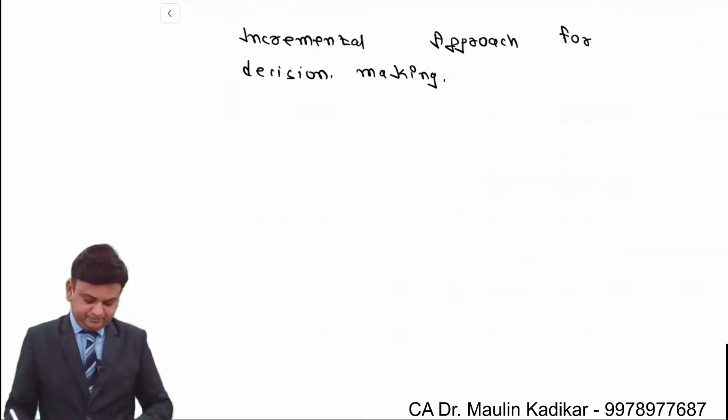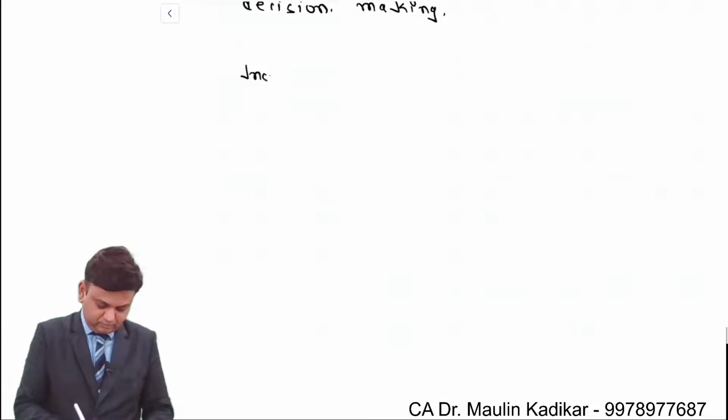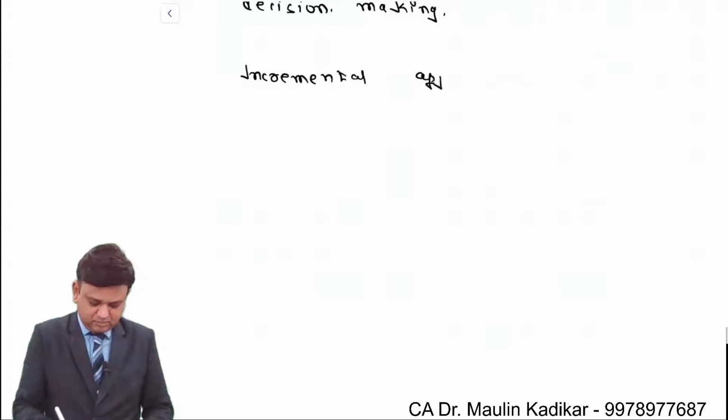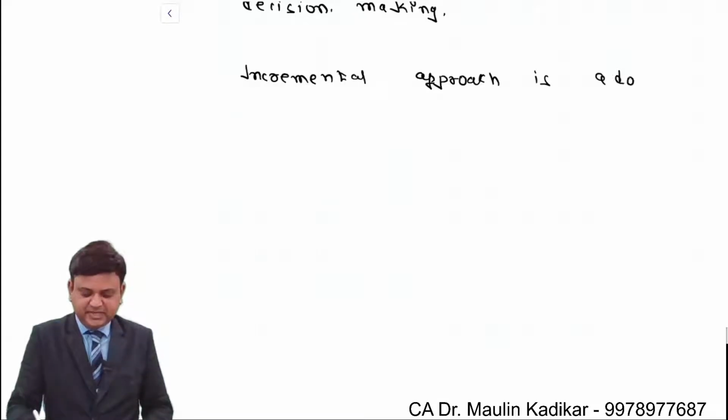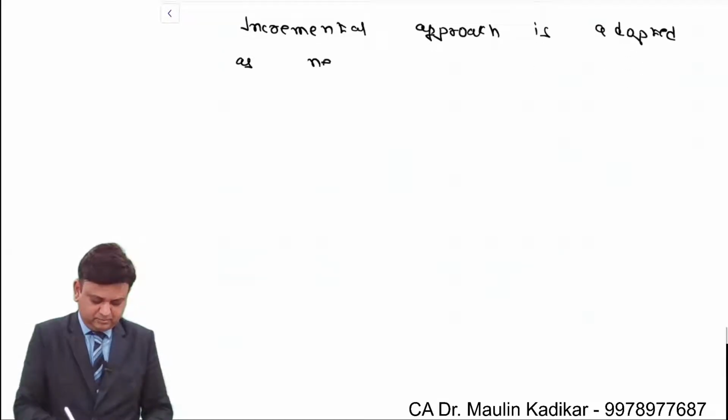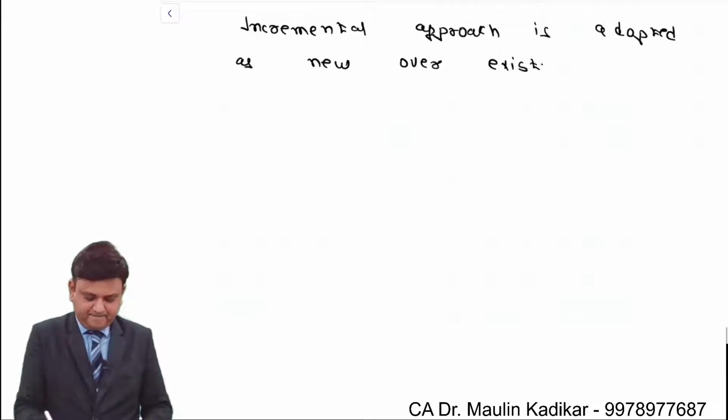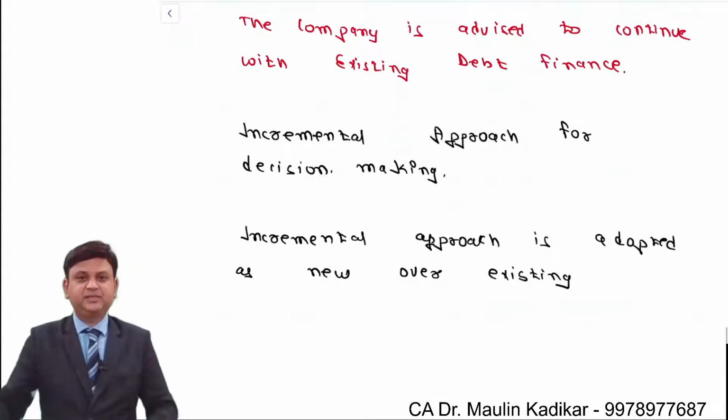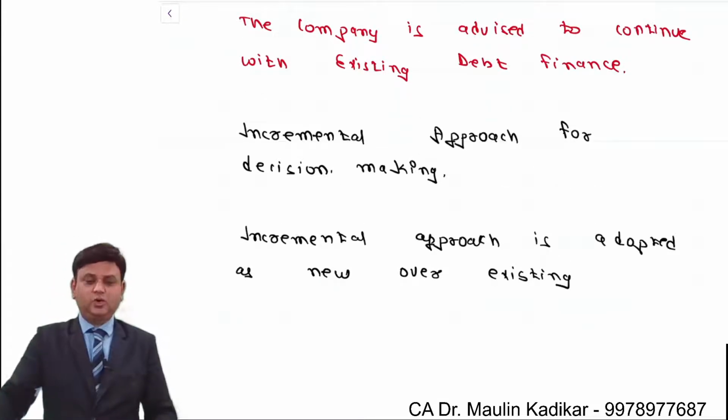In that write down, incremental approach is adopted as new over existing. Means the company is going for the debt rescheduling over continuation with existing debt finance. Try to calculate the NPV for the incremental approach on your own.